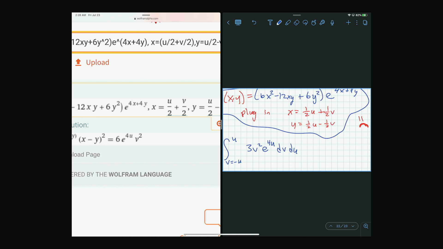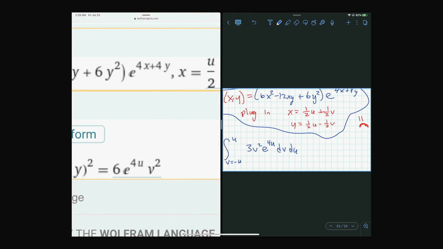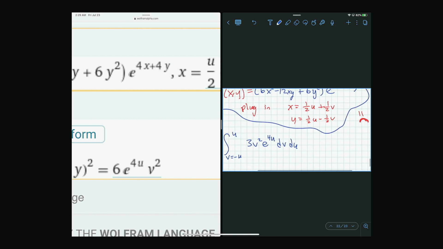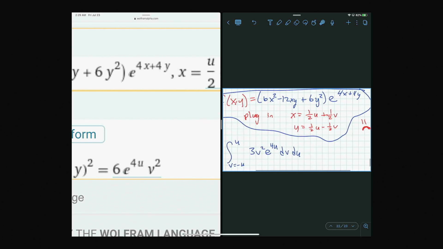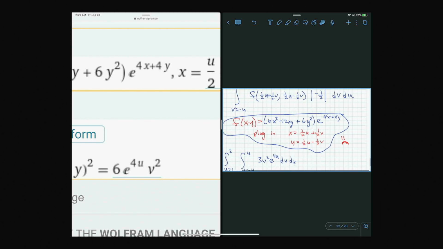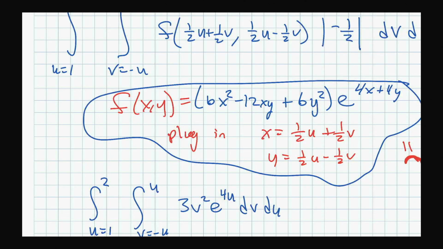Okay. So you get 6e to the 4u times v squared. And the reason this is a 6 and then what I wrote was a 3 was because, don't forget, there is a 1/2 on here as well that I didn't write here because that's not where it goes. Okay, so just plugging it in, that was easy on the computer, and I would do that for sure.